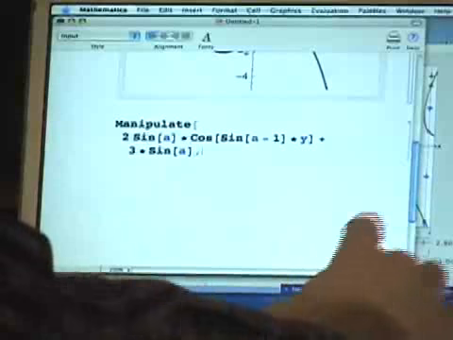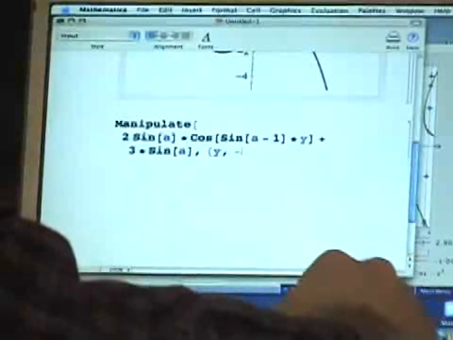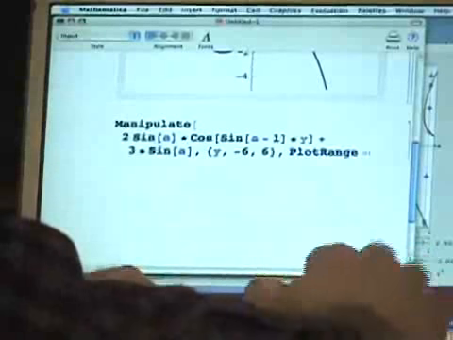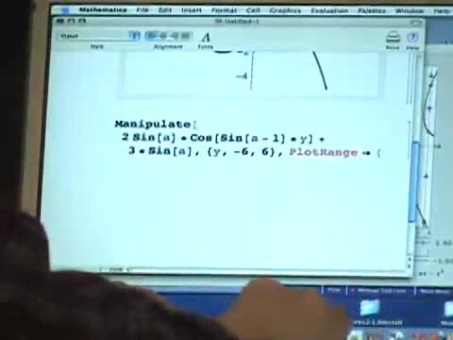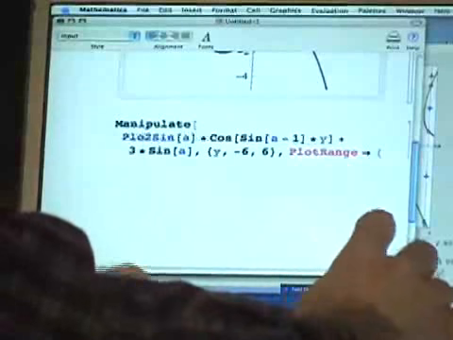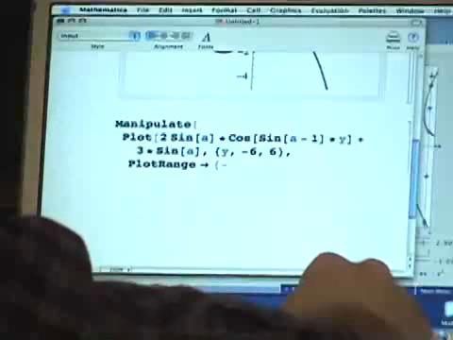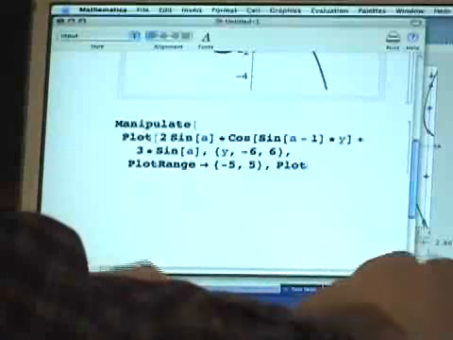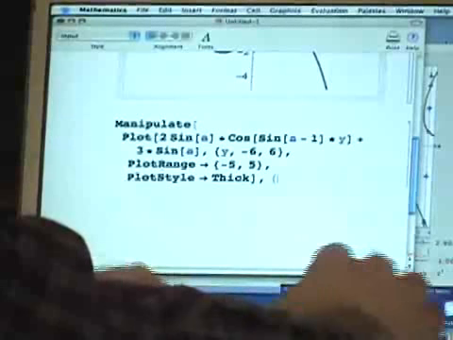If you try plotting this over the usual kind of range, as a changes, I'm going to plot it. Negative 5 to 5, I'll try. Plot style, thick, and let a vary.